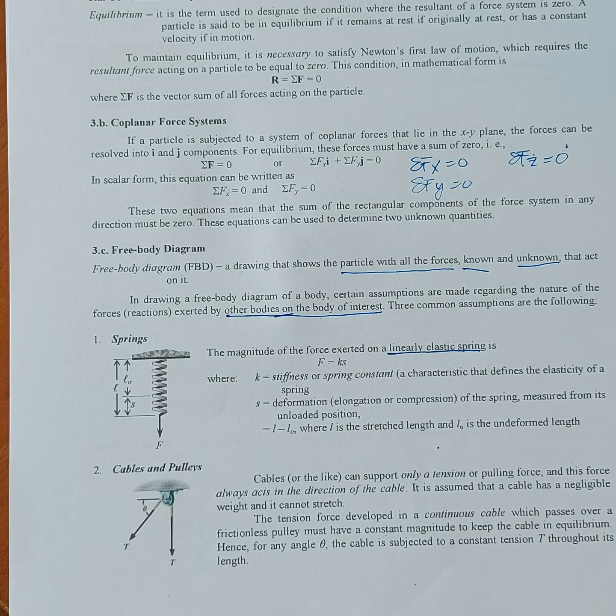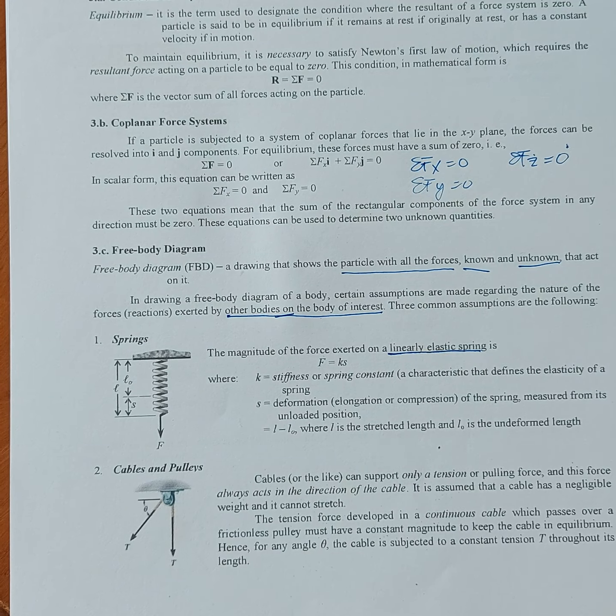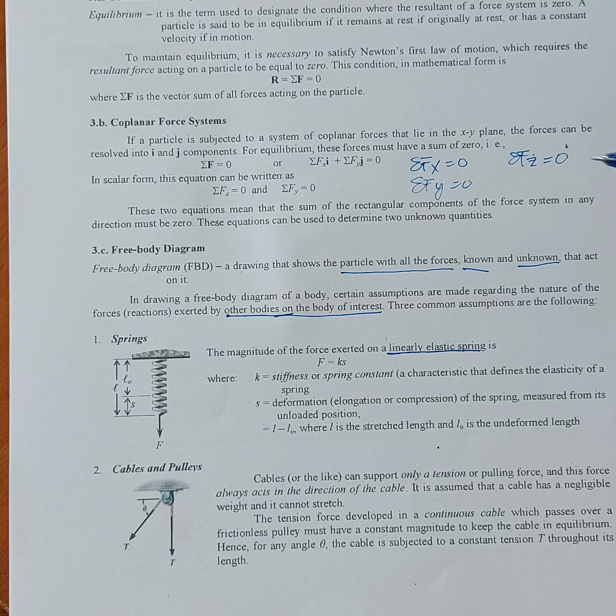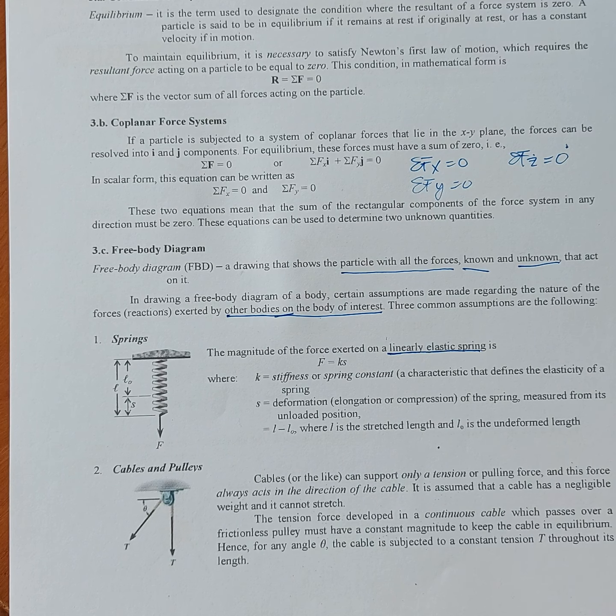So depende sa external force that would be applied on the spring. So this is an assumption, linearly elastic spring. Ibig sabihin yung magnitude ng force is directly proportional to the elongation of the spring, ano? So which means there's a direct relationship between the force exerted and the elongation of the spring.